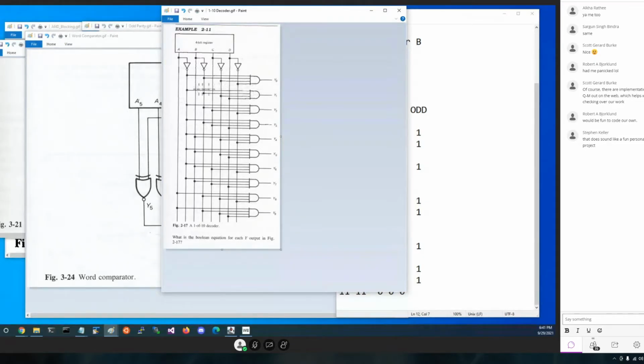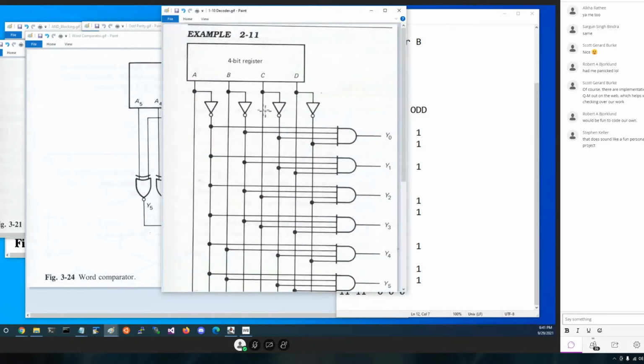The second one is hooked to 0, 0, 0, 1. 0, 0, 1, 0. 0, 1, 0, 0. So they're going to be hooked to whatever is unique to them, each one. Let me blow this back up again, because we don't need to see them all.